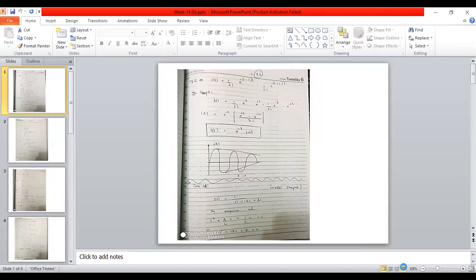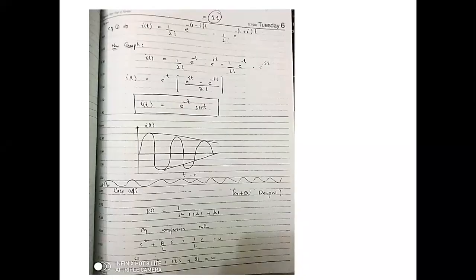Electrical network analysis. In the previous section of this lecture, we started the Laplace transformation. We studied the Laplace transformation on RL circuit, then on RC circuit, and then on series RLC circuit.